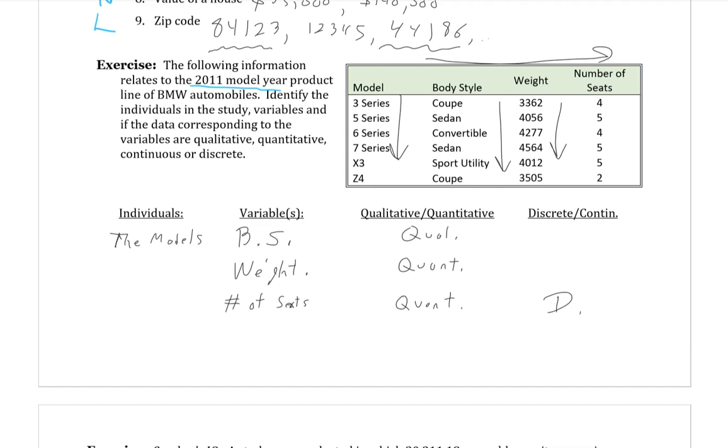Now, weight is an interesting one. Weight, looking at the numbers here, we have stuff like 3362, 4056. These all look like whole numbers, which usually implies it's discrete. However, even though the numbers reported there are rounded or they're in whole numbers, it doesn't mean that something like 4,172.86 pounds, if it's in pounds, doesn't make sense.